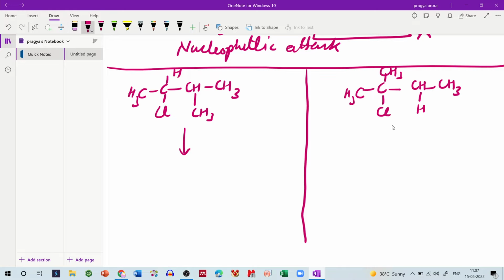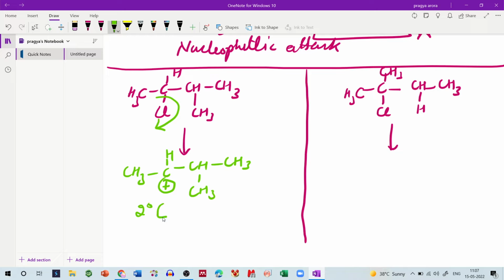So in the first step, what will happen? In the first case, when this leaving group is released, you will have a carbocation generated at this position. Depending upon the stability, the carbocation generated here is a secondary carbocation.